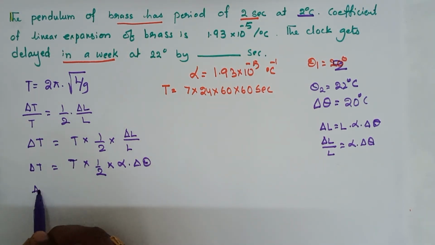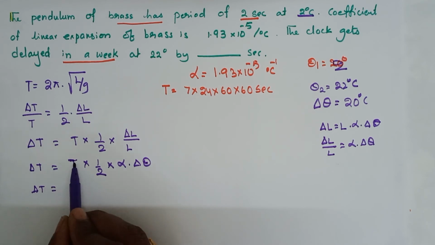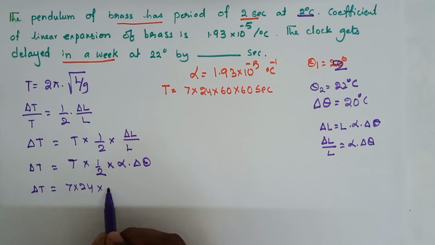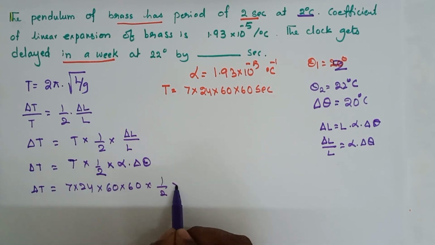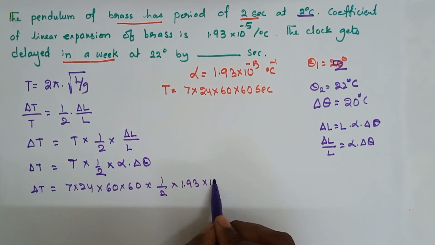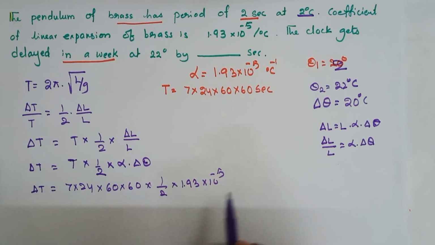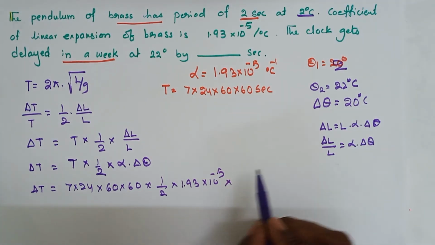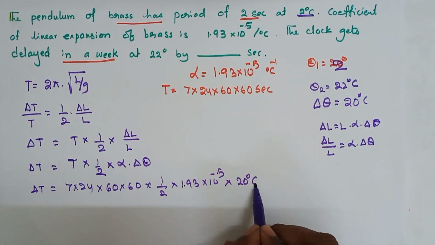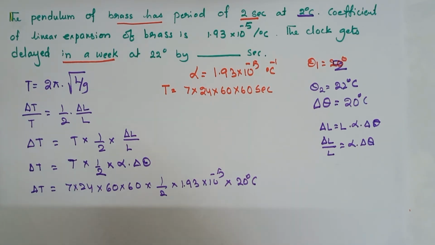So delta T is equal to T, which is 7 into 24 into 60 into 60, into 1 by 2, into alpha, which is 1.93 into 10 power minus 5, into delta theta, which is 20 degrees centigrade.